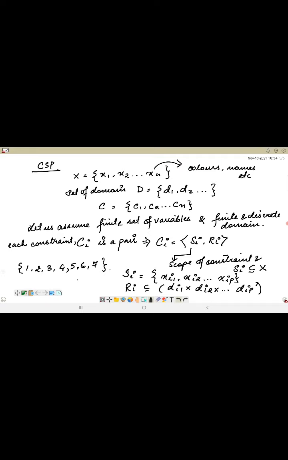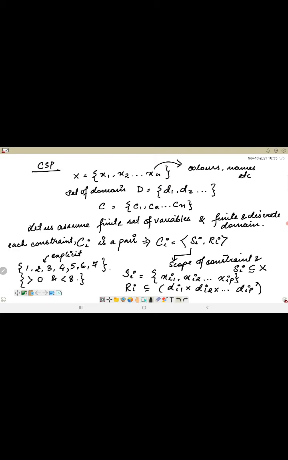If we are considering Ri to be explicit, that means the set of domain is explicit, then we have to represent it in this manner. If it is explicit, we have to mention it explicitly. Now if we are considering Ri to be implicit, then we can write it something like this, which is greater than 0 and less than 8.